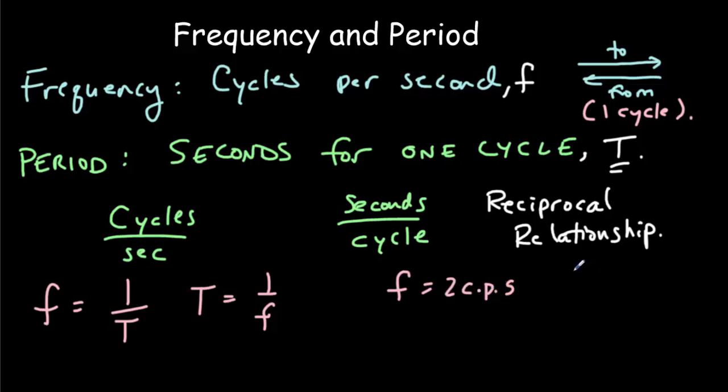So that would mean you'd go there and back 2 times in 1 second. Your period would therefore be the amount of time to get to here, which would be half as much, 0.5 seconds, or 1 over 2 seconds for that cycle. And here you see the reciprocal relationship. Frequency is 2, period is 1 over 2.